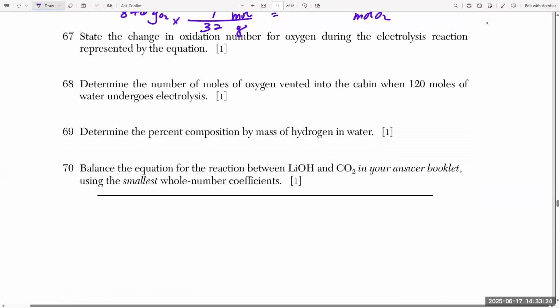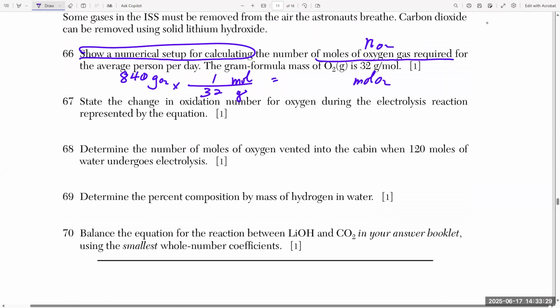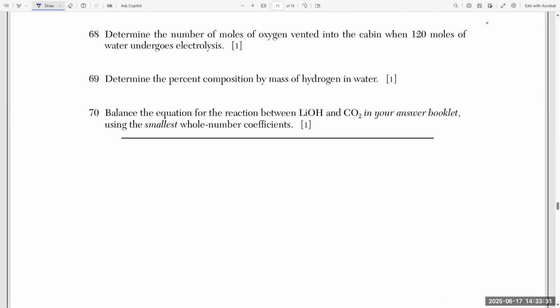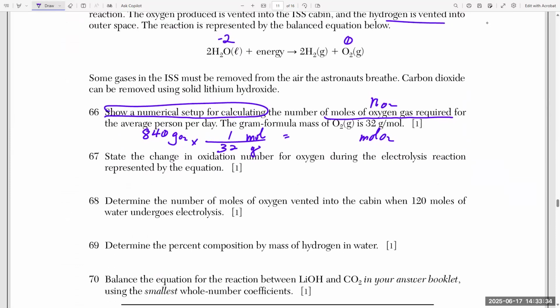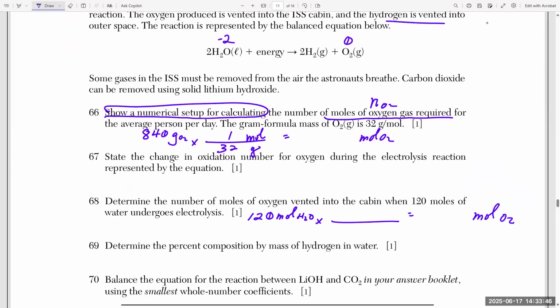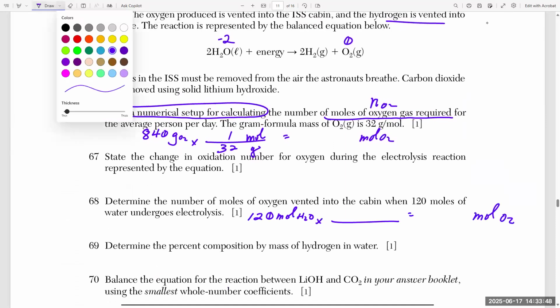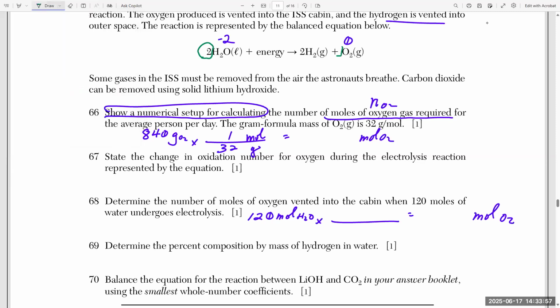Determine the number of moles of oxygen vented into the cabin when 120 moles of water undergo electrolysis. Okay, so it's 120 moles of H2O, right? And then you want to go to moles of O2. So if you go up here, we got these two values right here. We got 2 for water, and 1 for oxygen.